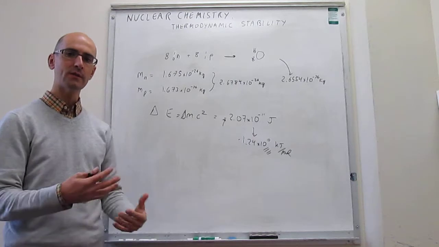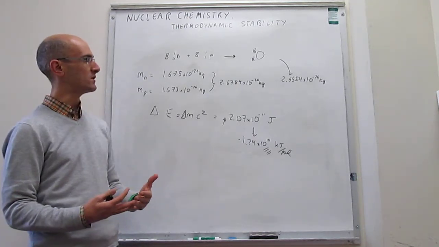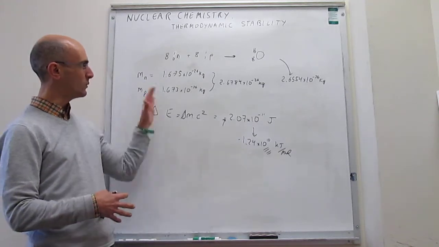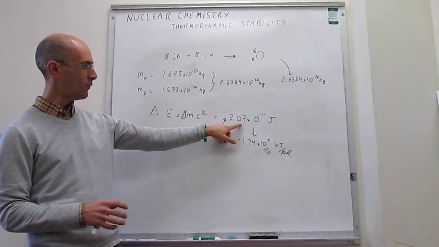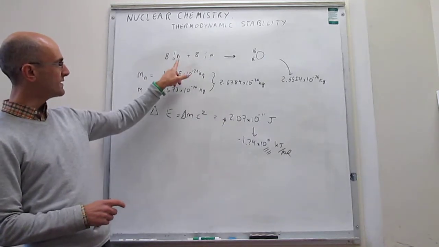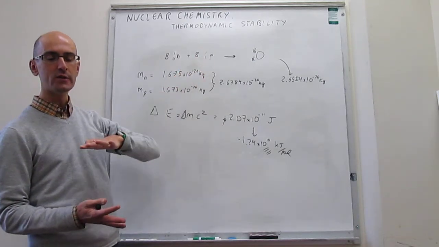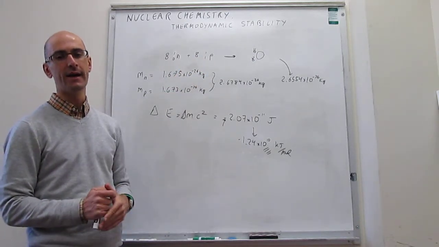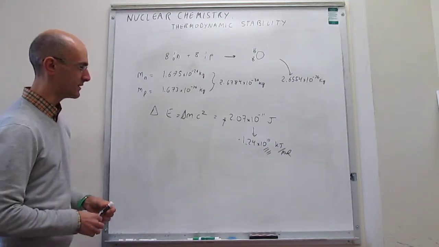So the question is, how does this compare on a per nucleon basis across the periodic table? What we do is carry out this process for every single nucleus, and then we divide that number by the sum of neutrons and protons, the number of nucleons, in order to get a normalized energy per nucleon that we can compare across isotopes in the periodic table.